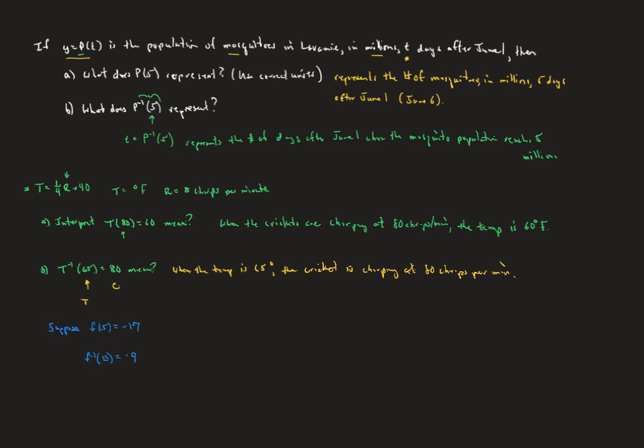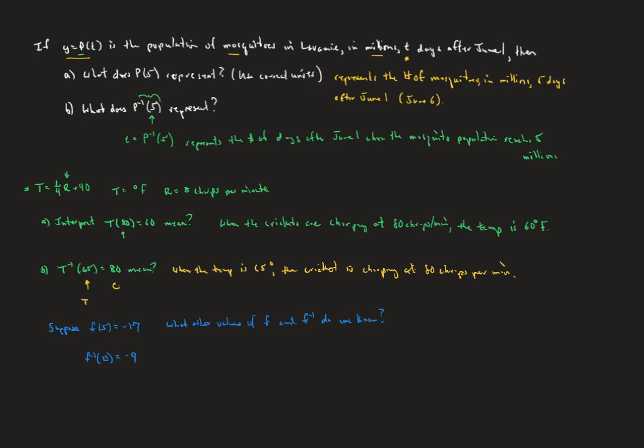So this is giving us information about some ordered pairs for f and f inverse. So the question then is, what other values of f and f inverse do we know?